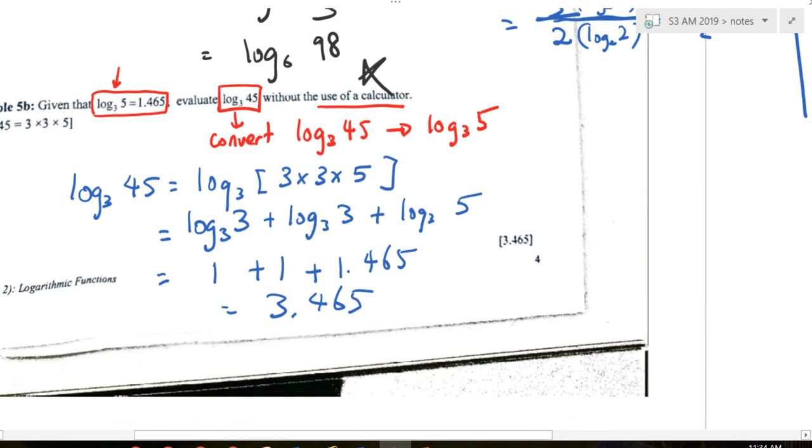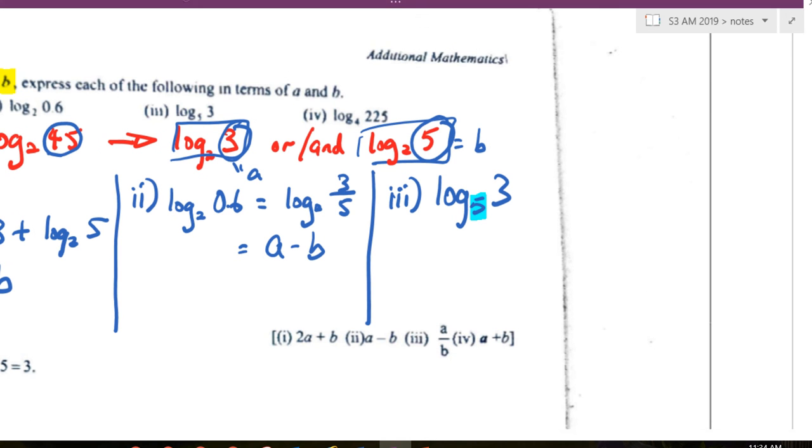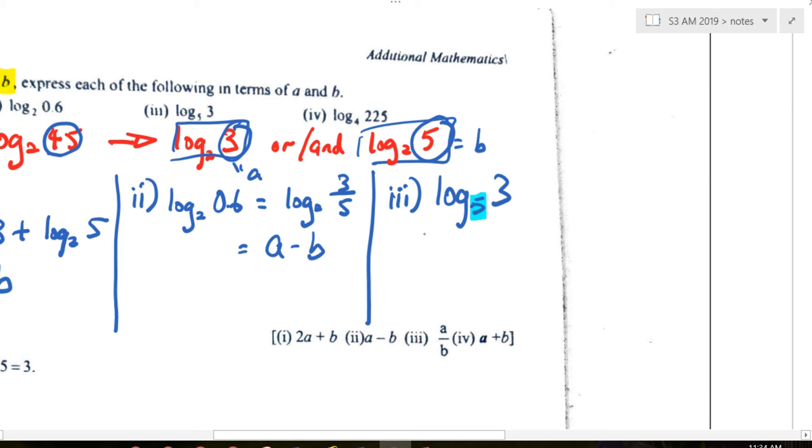Matthew, what base do you change? Base 2, is it? Or new base is 2. So I have base 2, what do I have on top? 3, 5, still correct, very good. And what is the answer? A over B, still correct.